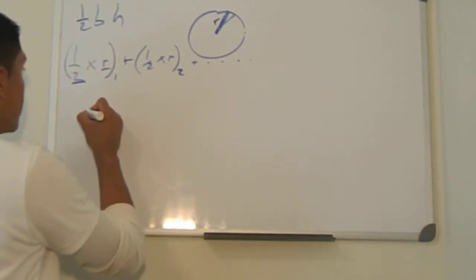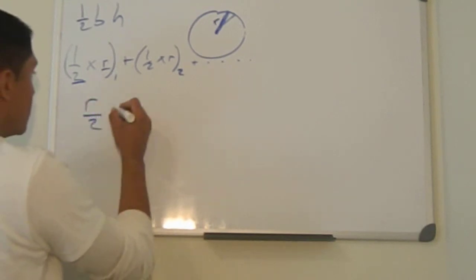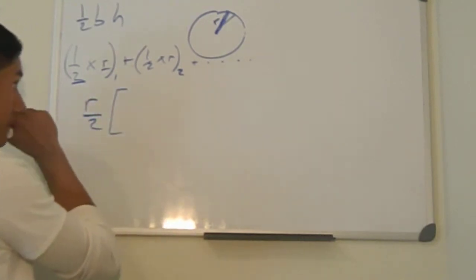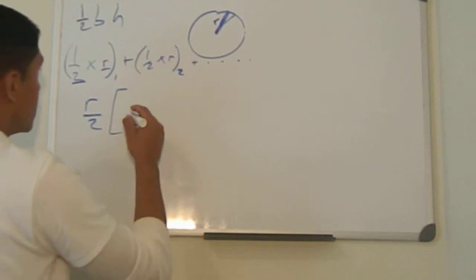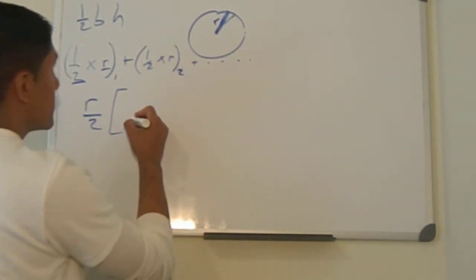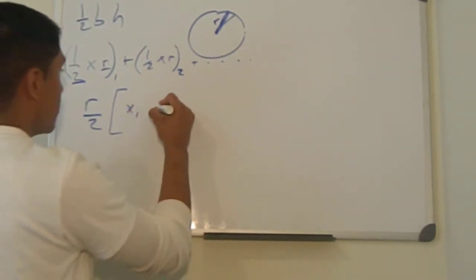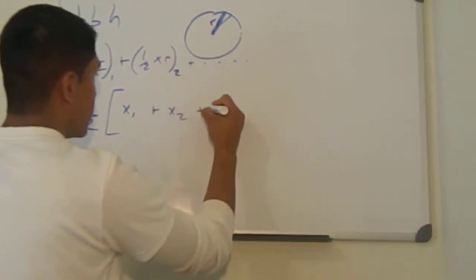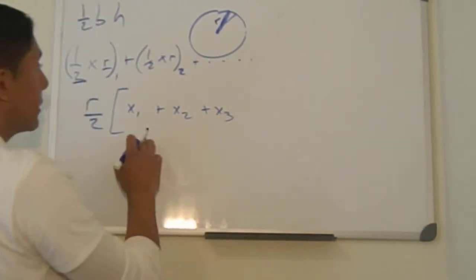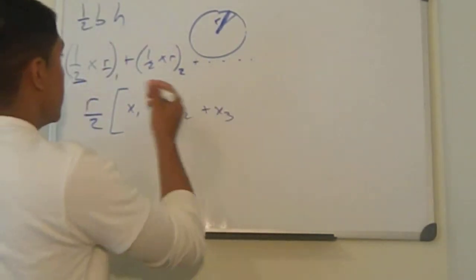So we get now r divided by 2 times the infinite summation of the bases, x1 plus x2 plus x3, which are just the bases of the triangles.